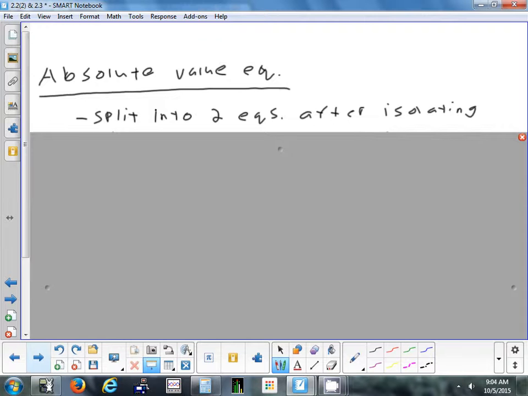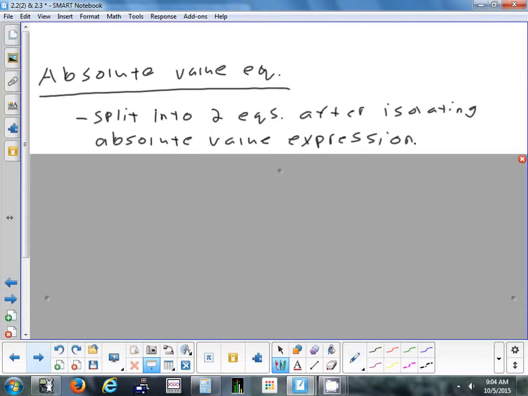Okay, another type of equation you looked at in Algebra 1, it's called an absolute value equation. Basically the way we do this problem is we split it into 2 problems. If we need to, we'll get the absolute value by itself first. And after we do that, we'll split it into 2 problems.